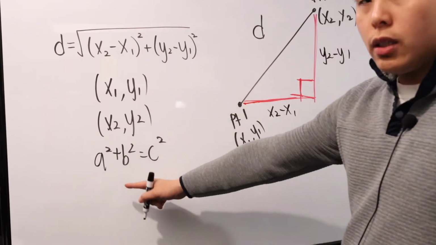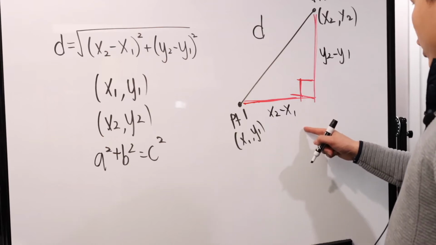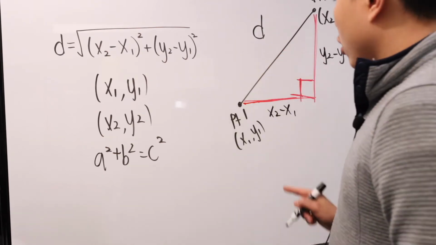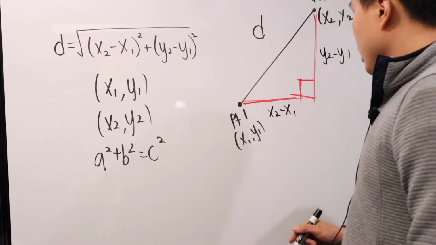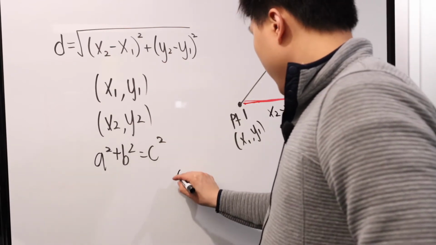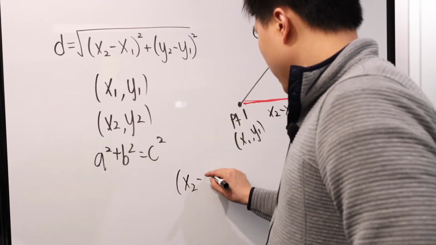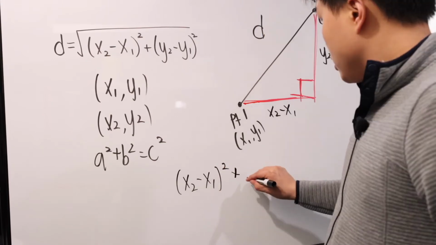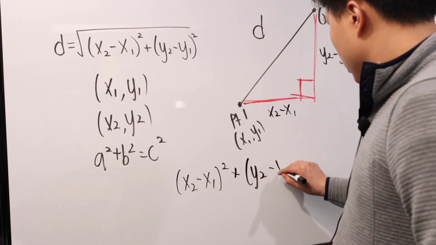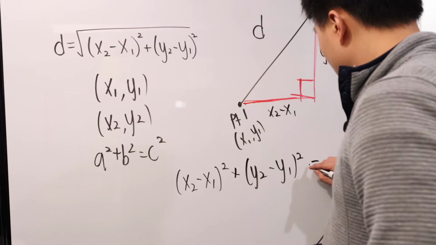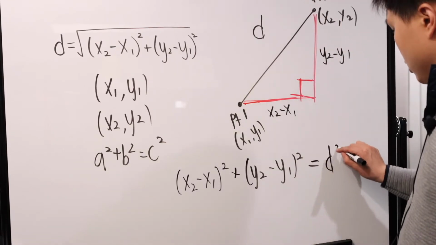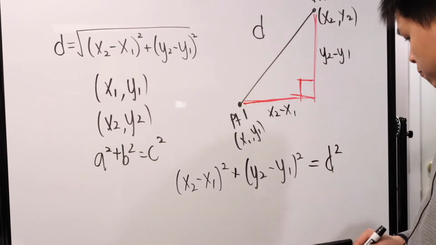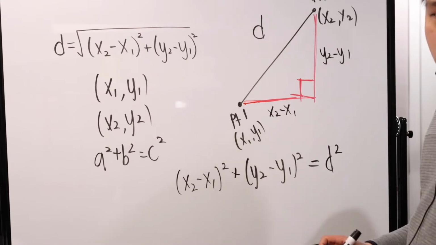Now, according to this formula, we have our a squared and our b squared equals our c squared, right? So it's going to be x2 minus x1 squared plus y2 minus y1 squared equals d squared. Cool. Plain and simple. But we don't really want d squared, we want d.